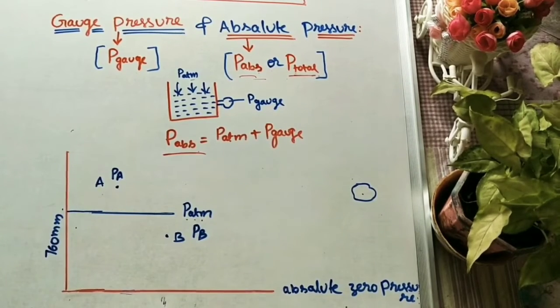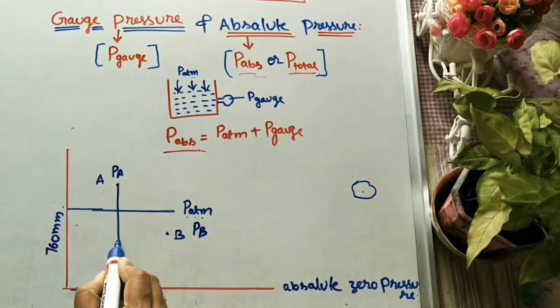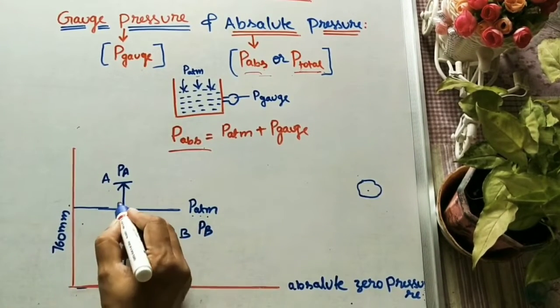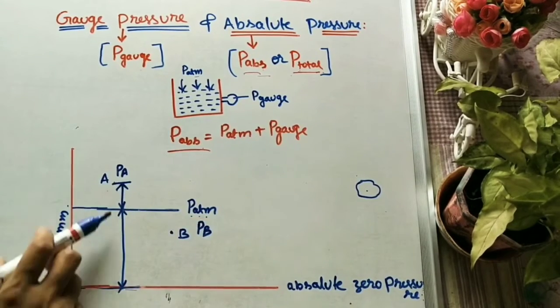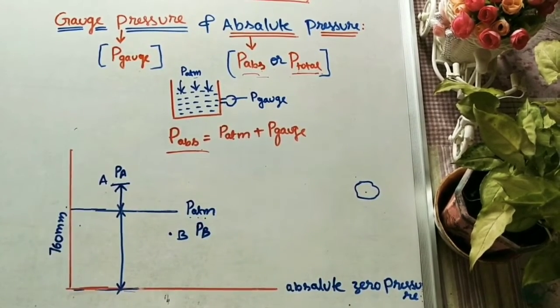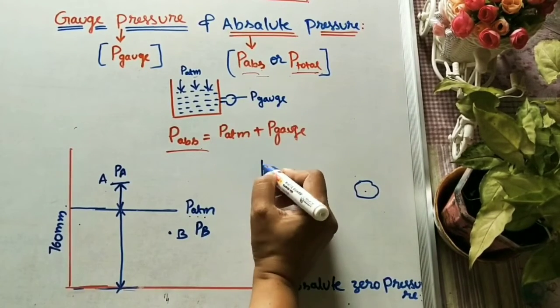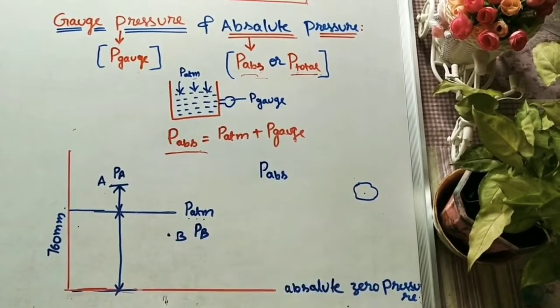Now, total pressure means, from this line, what is the total pressure? It is P atmospheric, as we know, and this distance. If we add these two distances, we will get total PA. Total pressure means, just now I told, P absolute or P total. Now I am writing P absolute pressure at A point.